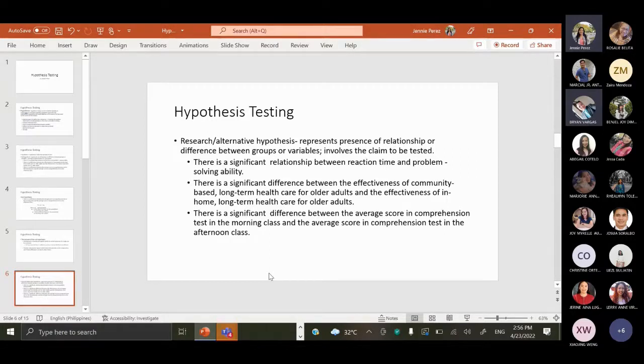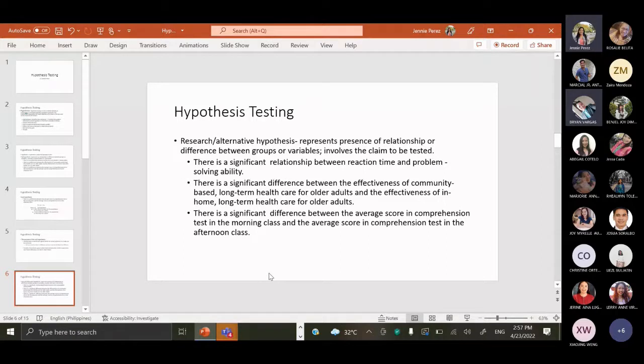So if the null hypothesis says that there is no significant relationship, the research or alternative hypothesis says otherwise. Okay? Yung kabaliktaran ng sinasabi niya, it says there is a significant relationship between reaction time and problem-solving ability. There is a significant difference between the effectiveness of community-based long-term healthcare for older adults and the effectiveness of in-home long-term healthcare for older adults.